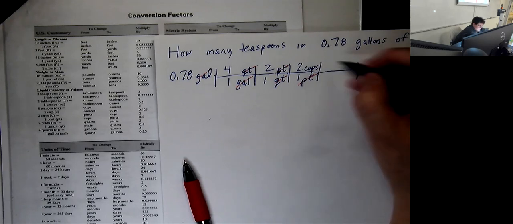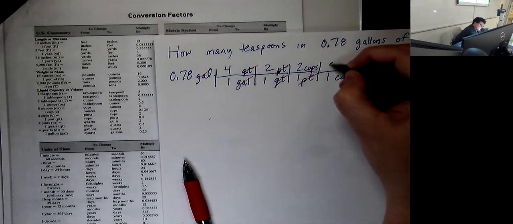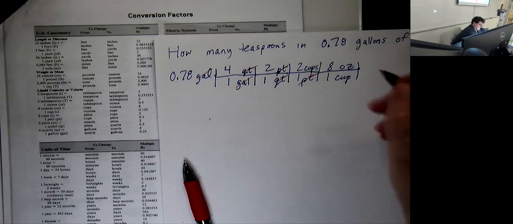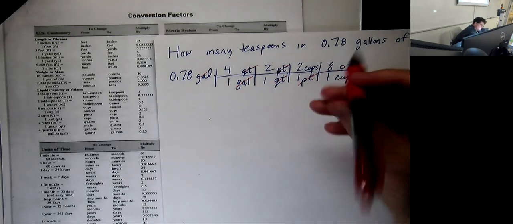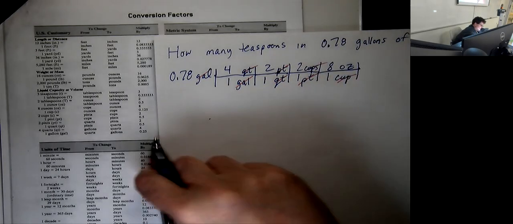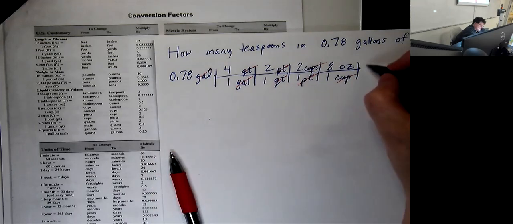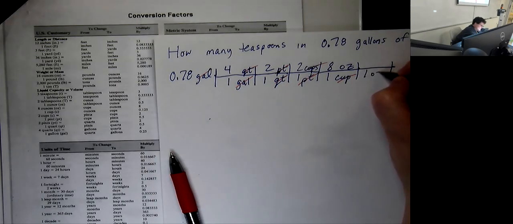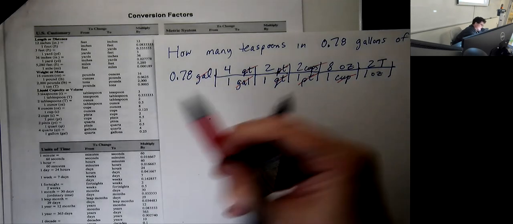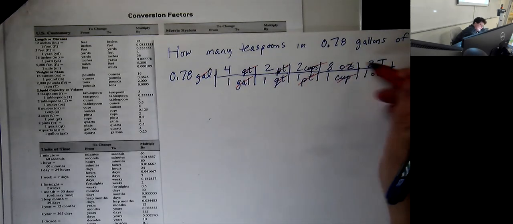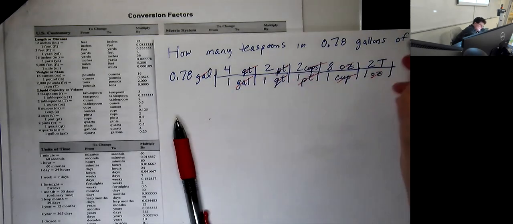This is a long ordeal, isn't it? Cups go away, and ounces go to tablespoons. 1 ounce is 2 tablespoons, which is a big T. And finally, 1 tablespoon is 3 teaspoons, which is a little t.